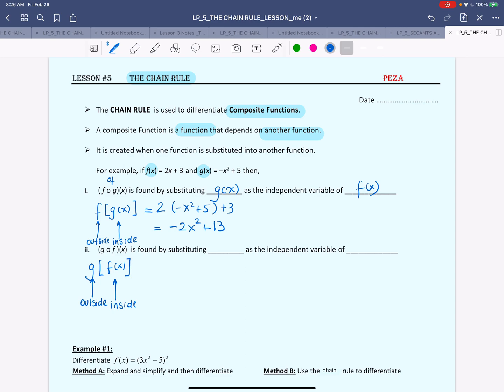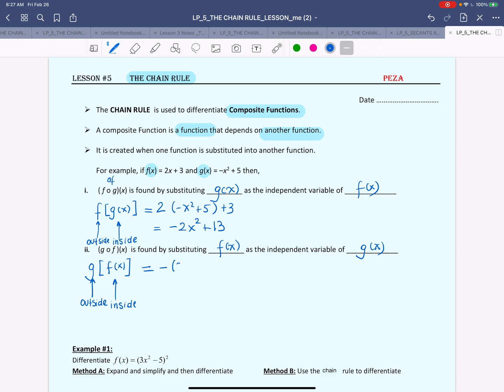So we substitute f of x as the independent variable of g of x. So obviously here we start with the function g of x, so minus first. And now we see the variable x, which in our case has become f of x, which means that it will be replaced by 2x plus 3.